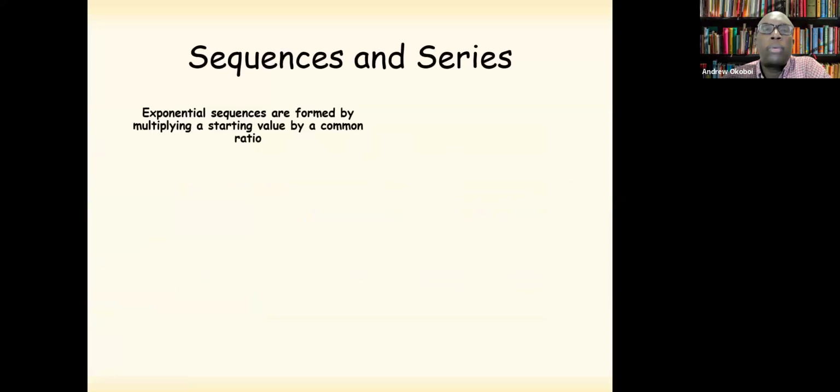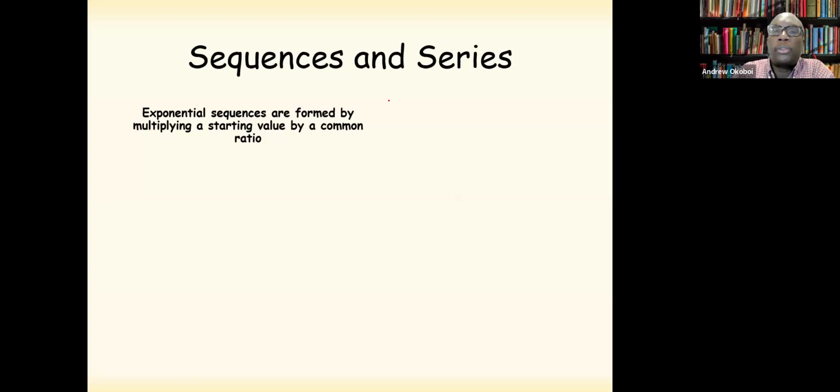2024-2025. When we look at exponential sequences, what we're doing here is taking a starting value, which is usually the first term in a sequence, and multiplying it by a constant number. That constant number is called a common ratio. So we start out with a certain value.